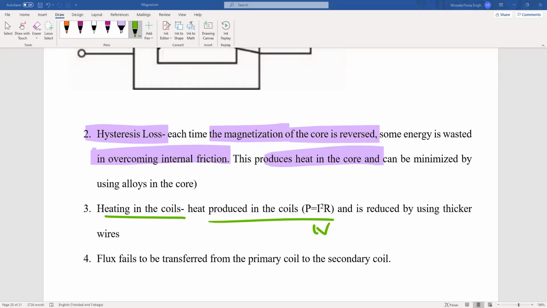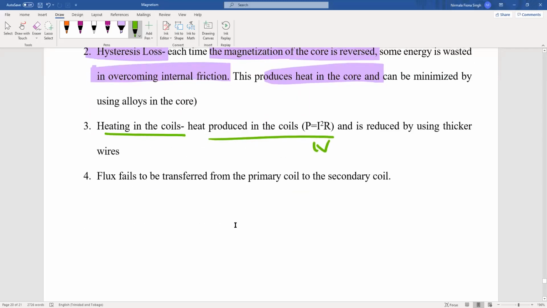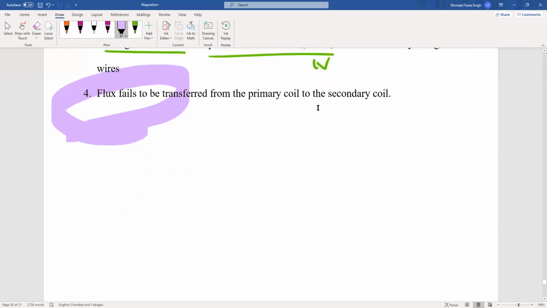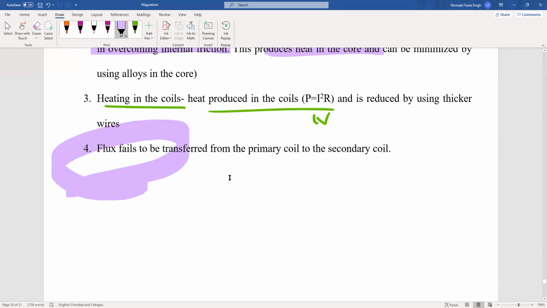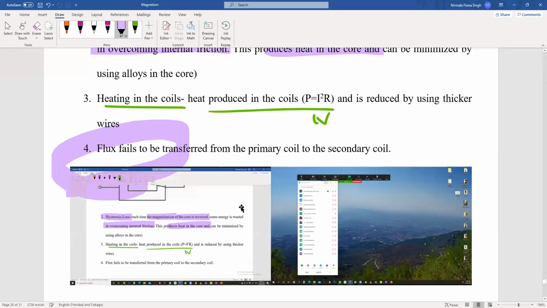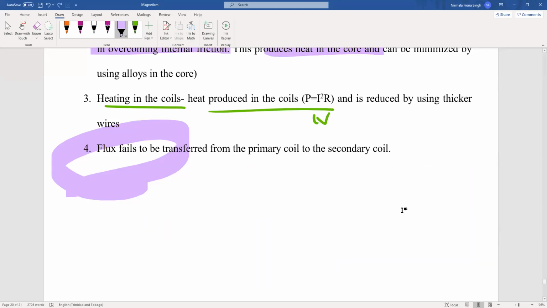Simple, simple solution. And the last one here, which leaves you scratching your head. Flux is your magnetic field, right? Flux here fails to be transferred from the primary to the secondary coil. So for that to happen, you have to be scratching your head, because imagine you had your coils here.